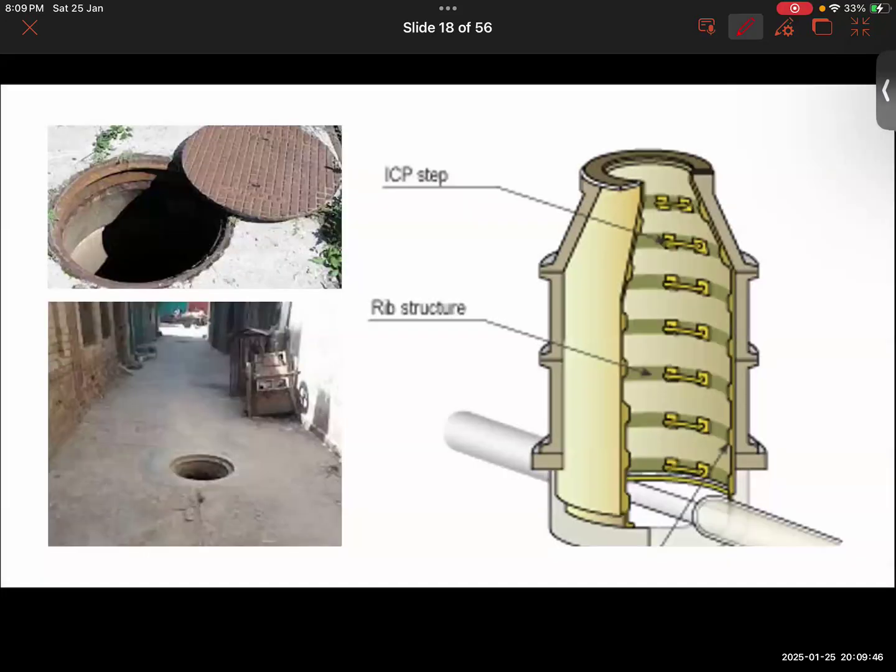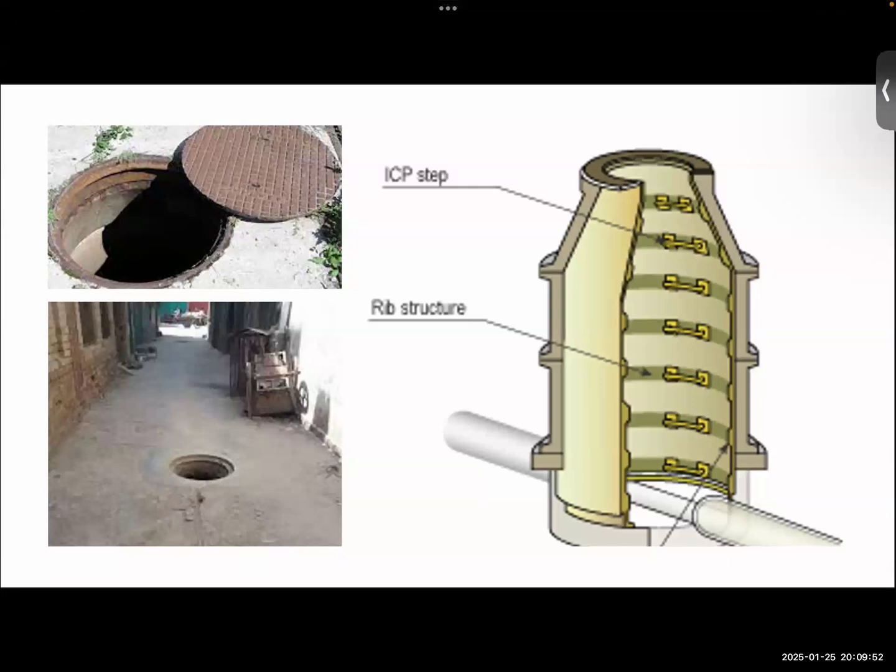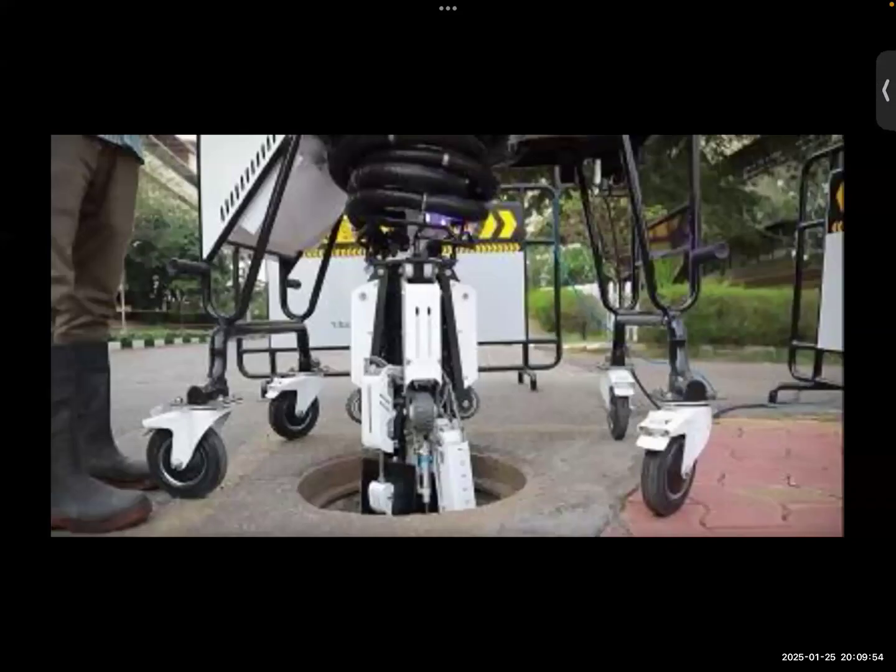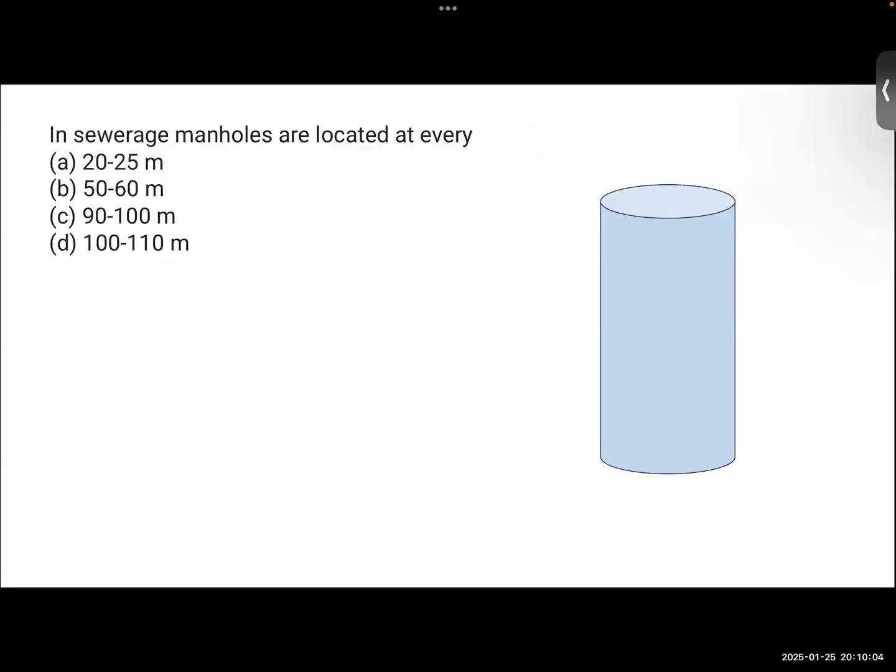Getting it now? So that is one concern associated with this manhole. So we should prefer the help of robotic machines, robots, in order to clean those clogged manholes, like if something is clogged in it.